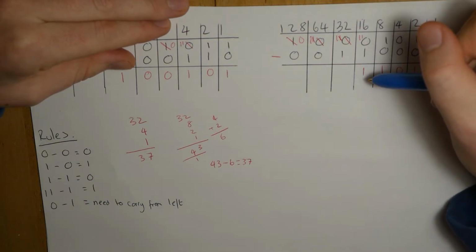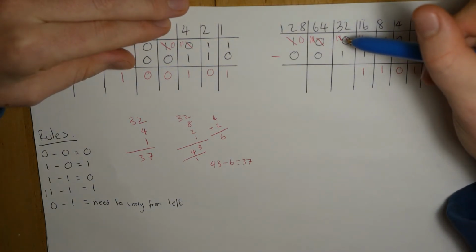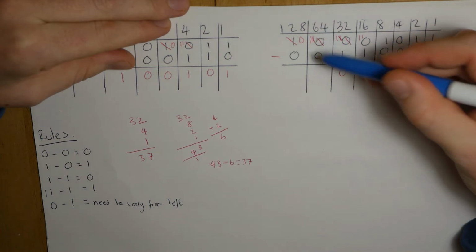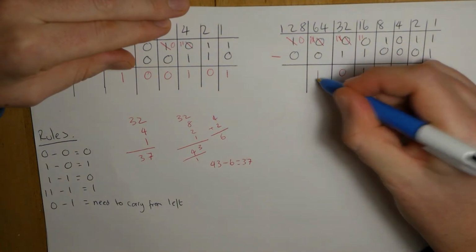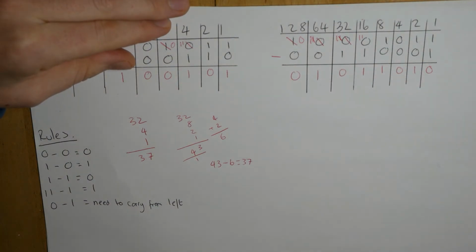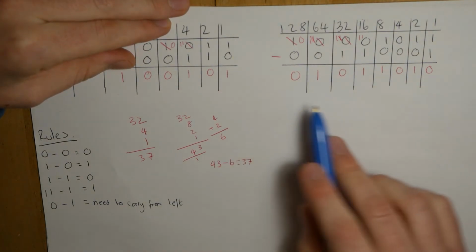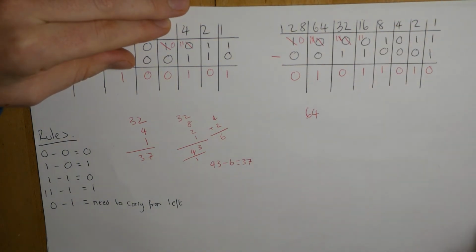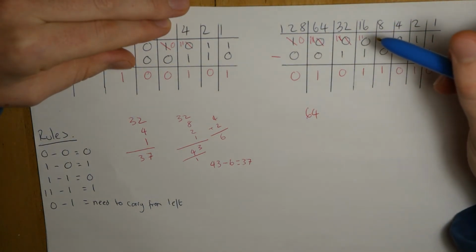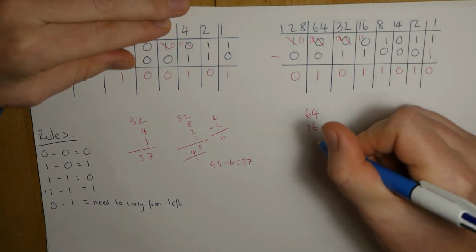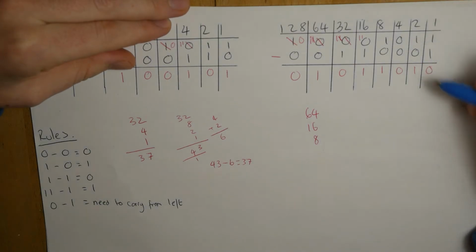So what we'll do is we'll get back to subtraction, and then we'll go 1 take away 1, that's cool, 0, 1 take away 0 is just 1, and here now we've got 0 and 0, so that's fine, so we've got 0 there. So now we need to just add them up again, so we go 64, and then we have a 16, an 8, and a 2.